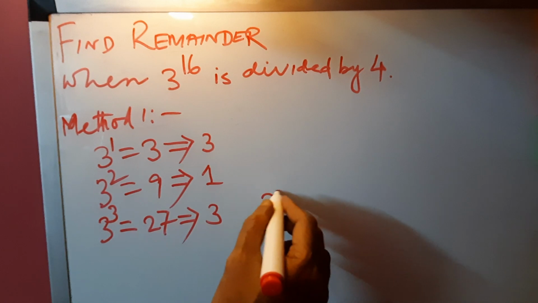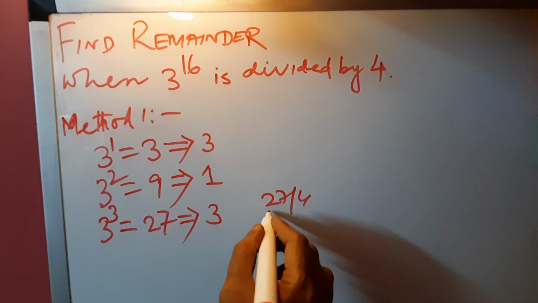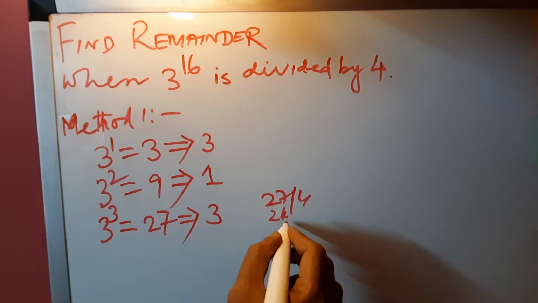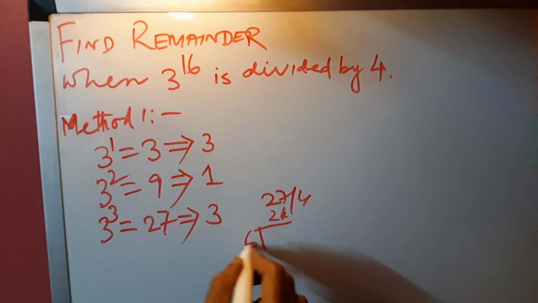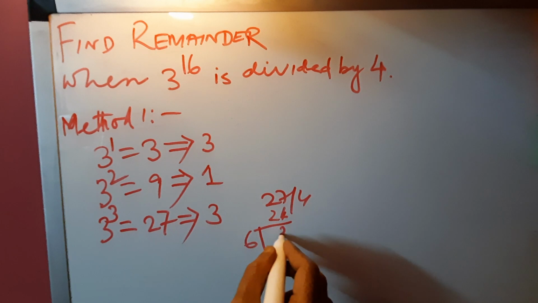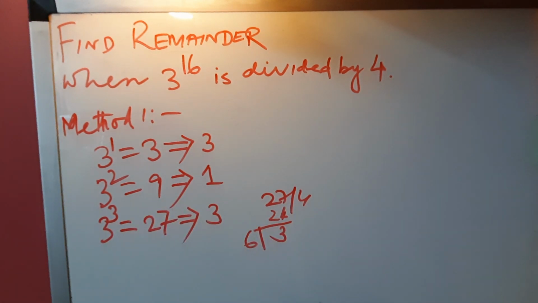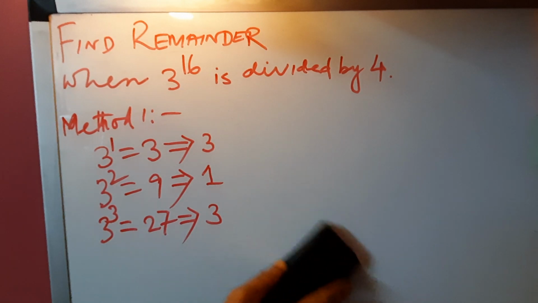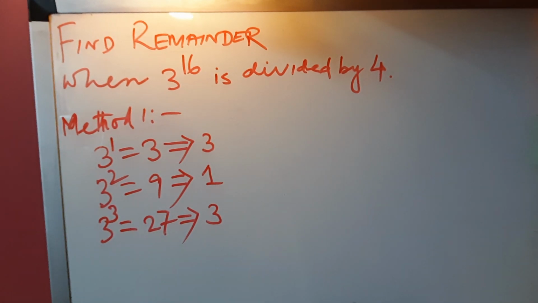Why? 27 divided by 4, 24, 6, this is 3. Why am I doing these kinds of things? Because I am going to find out the pattern.